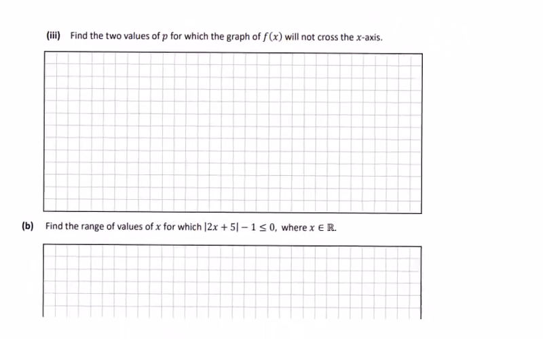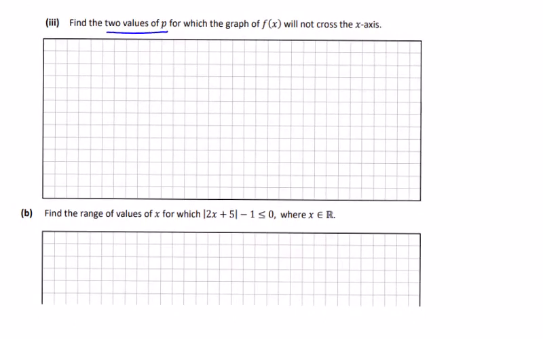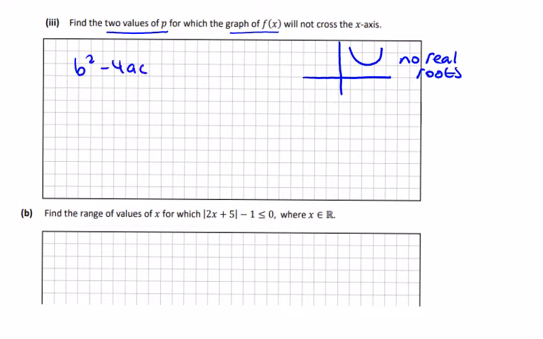Part C of this question, find two values of p for which the graph will not cross the x-axis. If it doesn't cross the x-axis, we can say that it has no real roots. So what do we know about the nature of quadratics? B squared minus 4ac is going to have to be less than 0 here for it to have no real roots. So just write our equation again, x squared plus 5x plus p. So a is equal to 1, b is equal to 5, and c is equal to p.